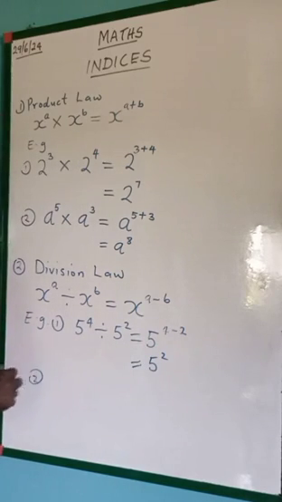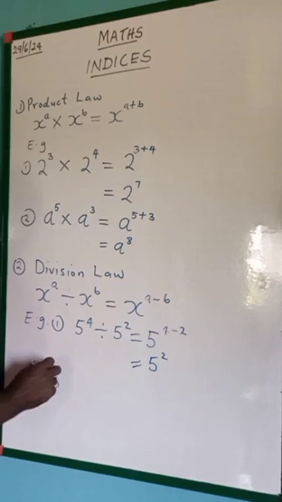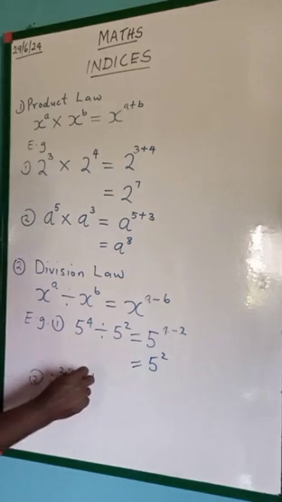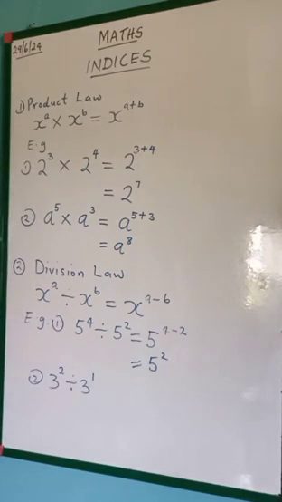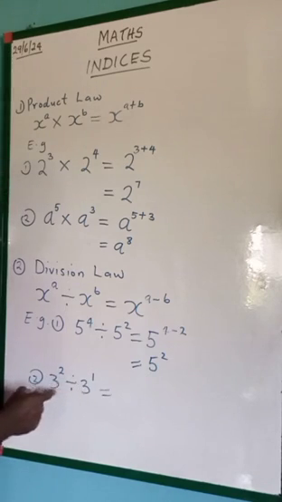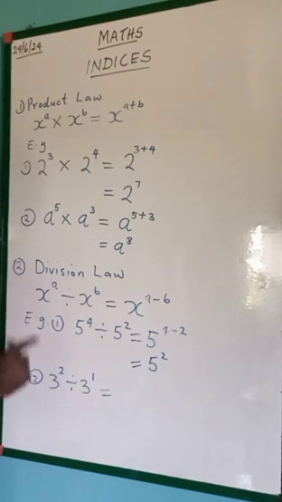Let us see a second example on this. If we are having 3 raised to power 2 divided by 3 raised to power 1. So the law, if we remember, we just pick one of the foundation number because they are the same.